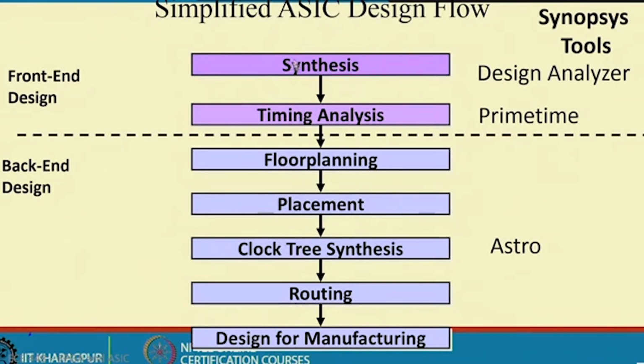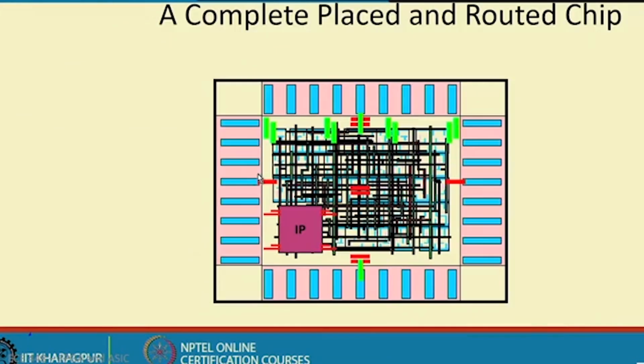The front end part, the specification, then architectural definition, then synthesis, then simulation, then timing analysis, all this part is common in both design styles. But this portion, the device programming, in ASIC design has to be done manually, whereas in the FPGA design style you get it ready made.